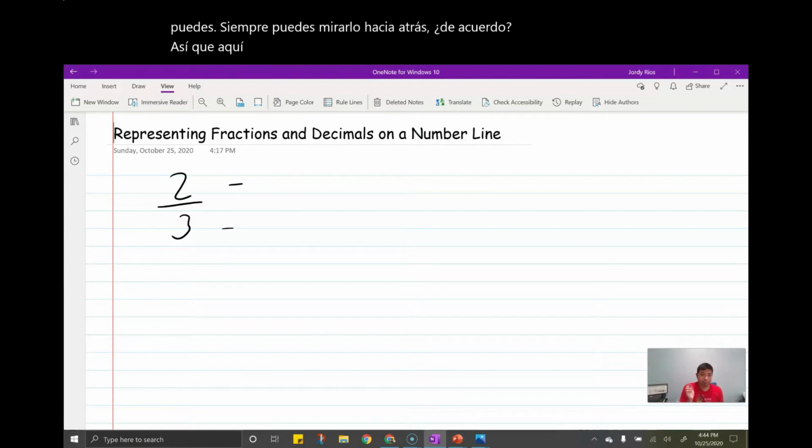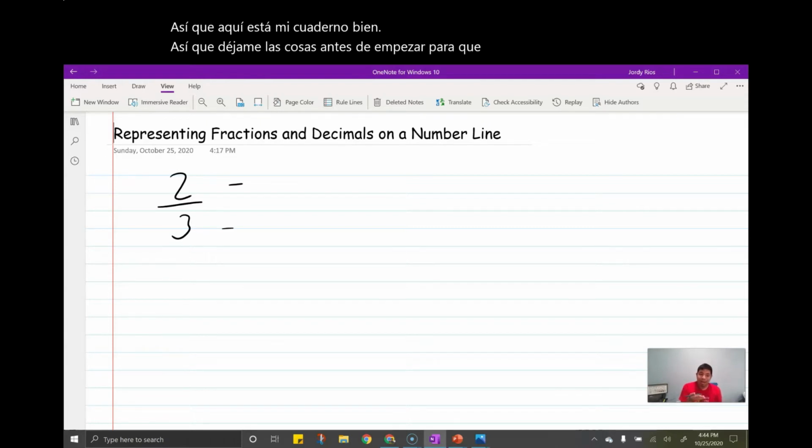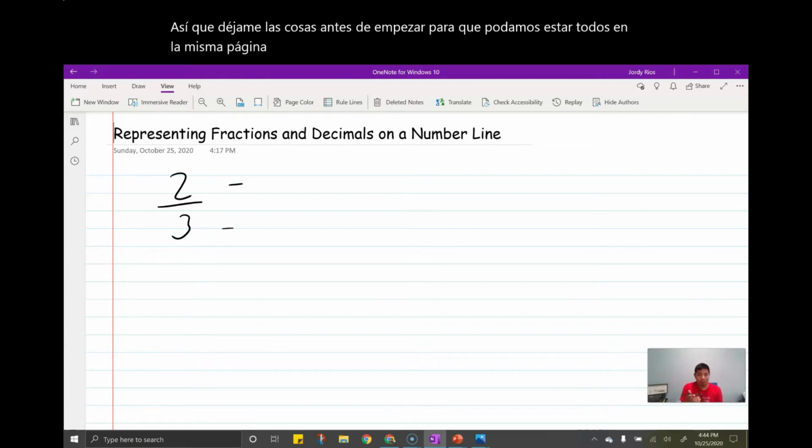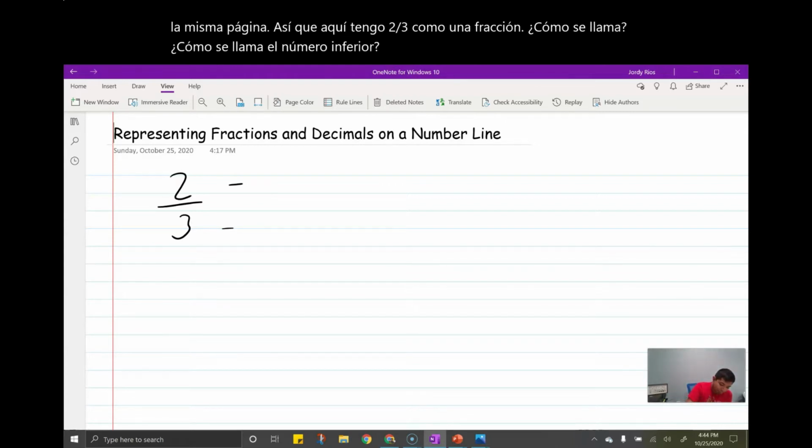All right. So just a few things before we get started, so that we can all be on the same page. So here I have 2/3 as a fraction. Now, what is it called? What is the bottom number called? Good, denominator. Okay.